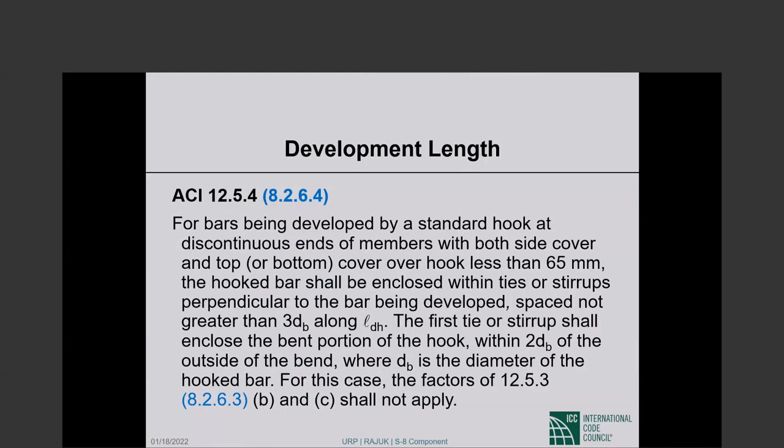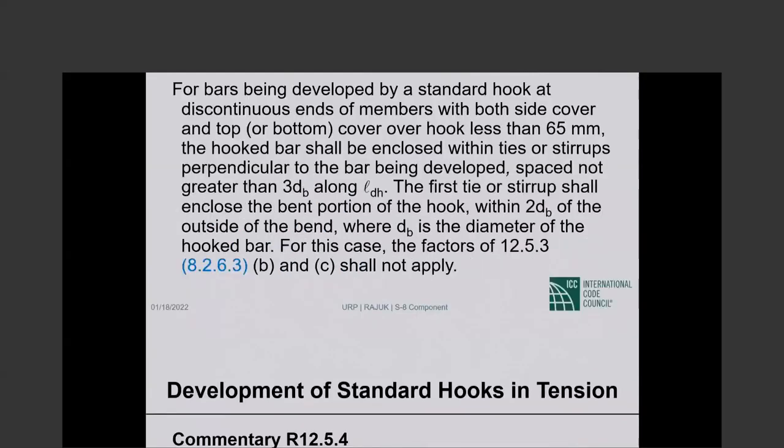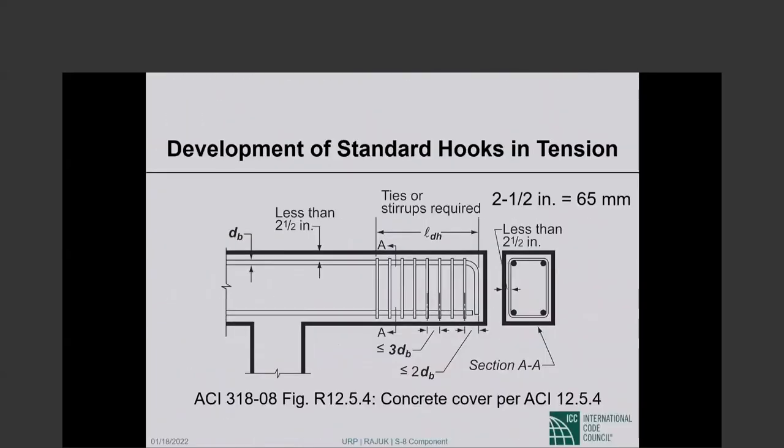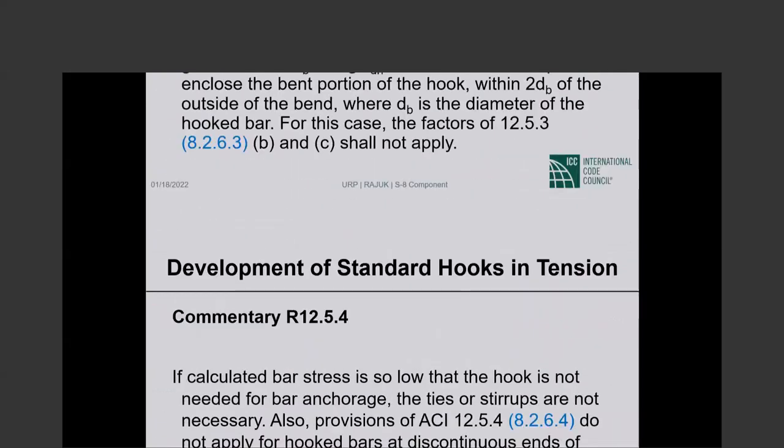The hooked bar shall be enclosed within ties or stirrups perpendicular to the bar being developed, spaced... So this language describes this picture. Okay, so in some situations you need this kind of transverse reinforcement. After looking at the picture, maybe the language will make more sense.